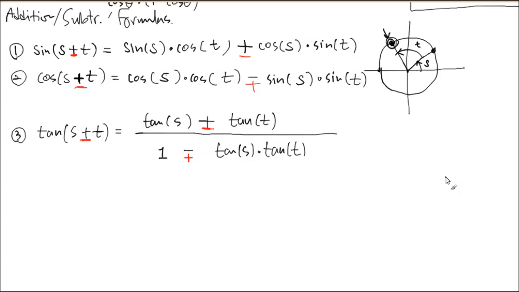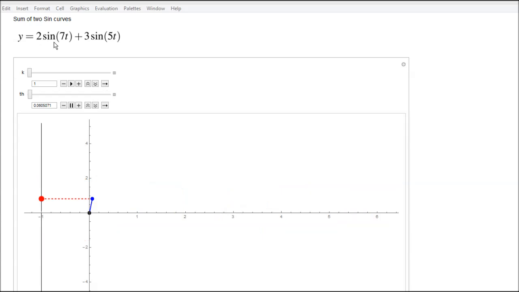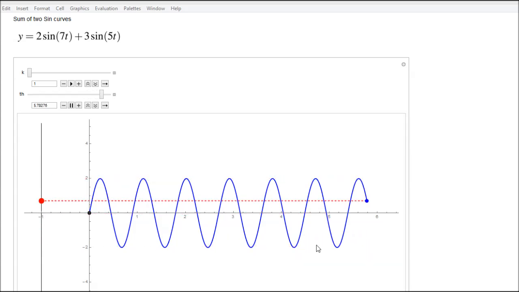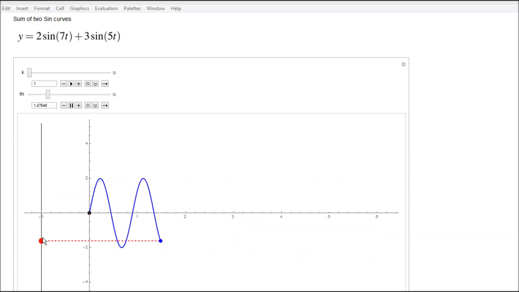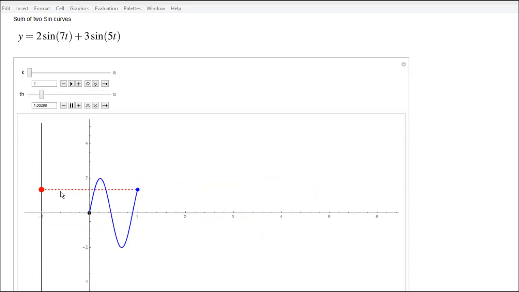I just said that this is going to be something important for the laws of vibrating motion. That's all I said. But I'm going to show you something. What I'm showing you here is the graph of 2 times sine 7t. And there's one more term, but this graph is not showing that. First, this is really the motion, remember? This graph is describing this simple one-dimensional motion, going up and down. This is called simple harmonic motion. What causes this? Like a spring mass system or tension of a guitar string.